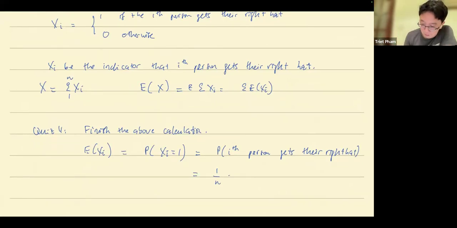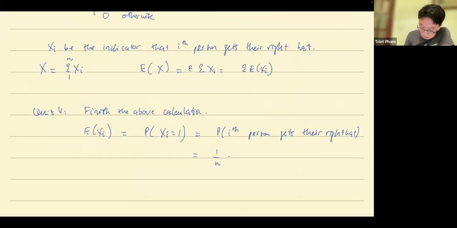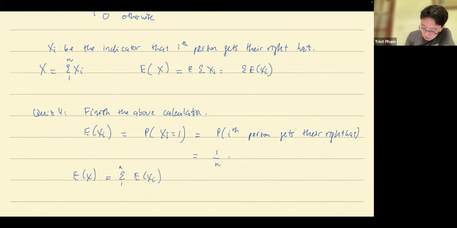So the sum here is just a sum from 1 to n of that happening. So that's 1. That's it.